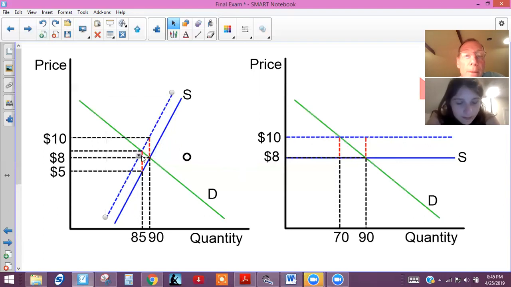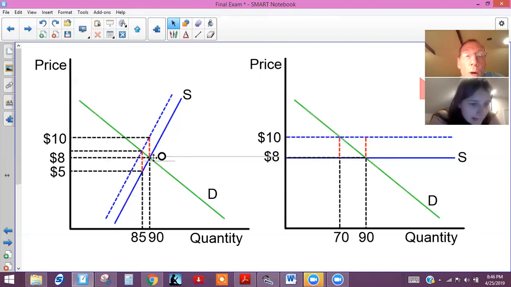So when this happens, you're going to shift here, and the price actually only goes up a little bit, right? Because the price is going to be set where the new supply with the per unit tax equals the demand. So this is the new price right here, okay?